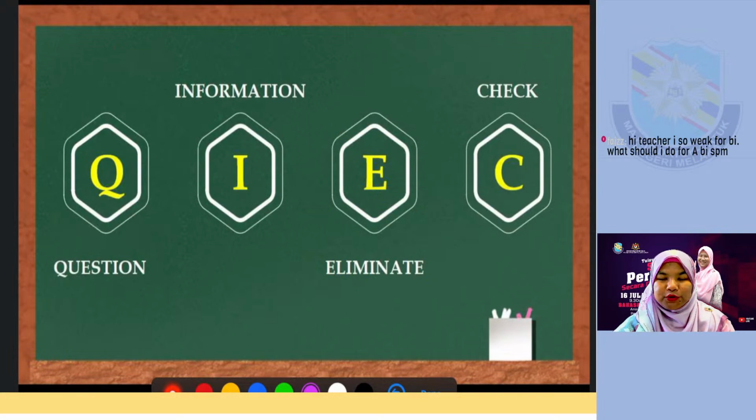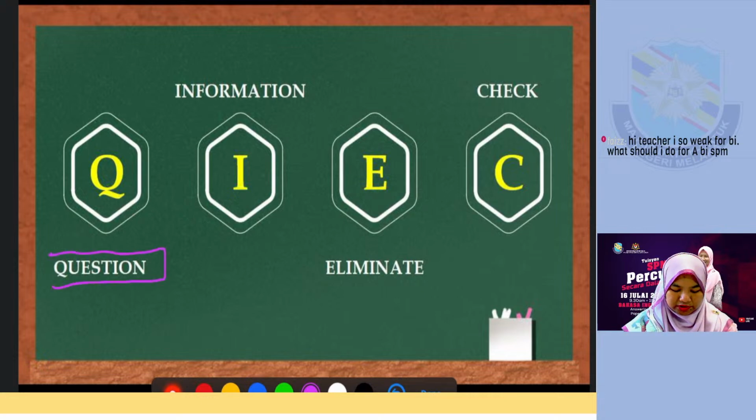Okay, to cater part one, I have four tips here. The acronym for the tips will be QIEC. The acronym here represents, for Q, the word question. And the letter I here represents information.